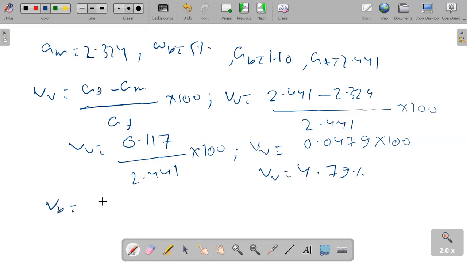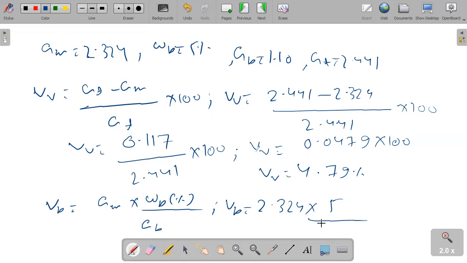VB is equal to GM into WB in percentage upon GB. That is VB is equal to 2.324 into 5% upon GB. GB we have 1.10.